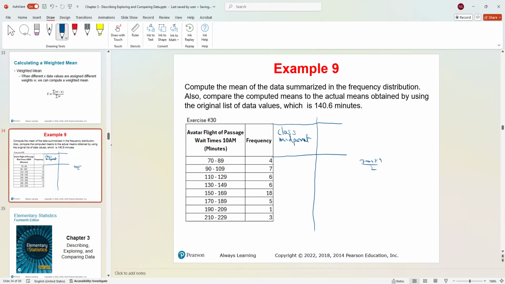It gives you 79.5. So we know the first one would be 79.5. You can continue again with the second one: 90 plus 109, divided by 2, would give you 99.5.